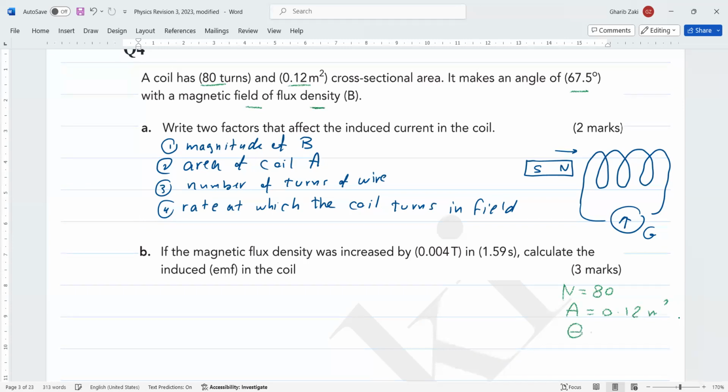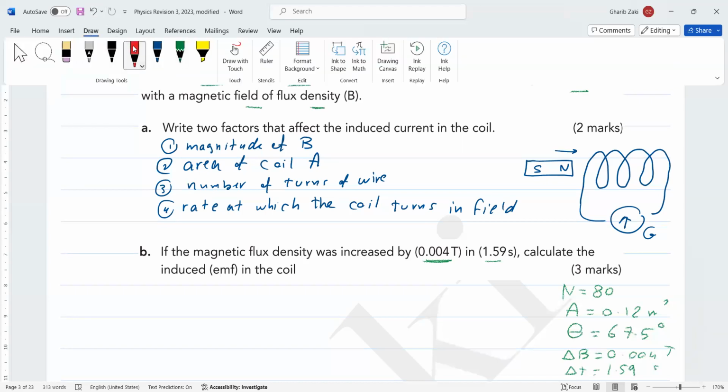This is theta, and we use sine. So 67.5 degrees. And they said the magnetic flux density was increased, so we have delta B, increased by 0.004 Tesla in 1.59 seconds. This is delta T, 1.59 seconds. Calculate the induced EMF.